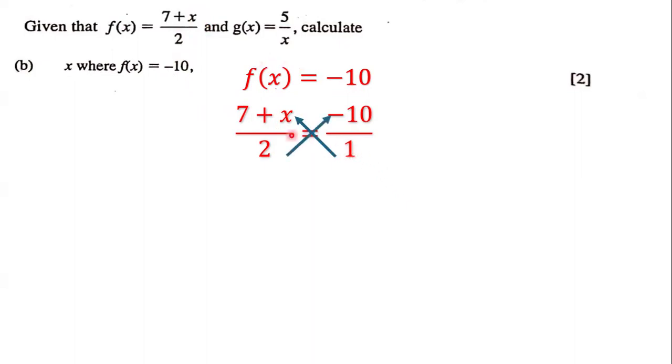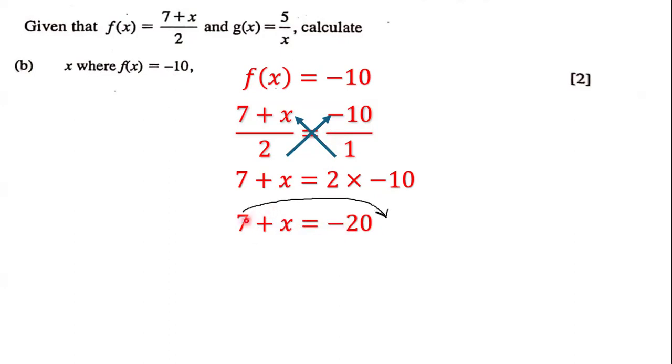We have 1 times (7 plus x), and 1 times (7 plus x) is simply 7 plus x. Then we have 2 times -10, and 2 times -10 is simply -20. And so we have 7 plus x is equal to -20. Next, we take the 7 and send it over the equal sign.